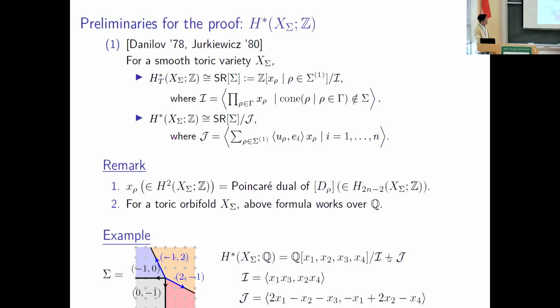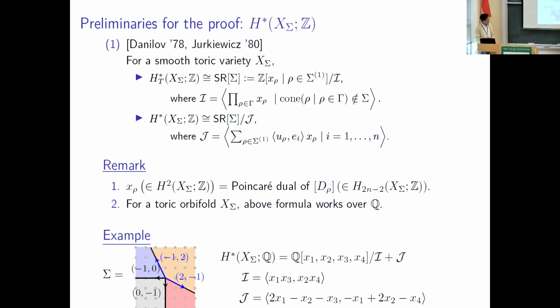The Stanley-Reisner ideal is generated by the product of the first and third, and second and fourth, since they do not form a cone. So this is an element of the Stanley-Reisner ideal. And this linear relation is nothing but 2 times x1 minus x2 minus x3 plus 0 times x4, something like that.